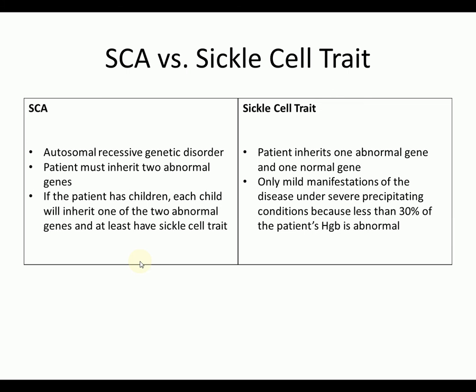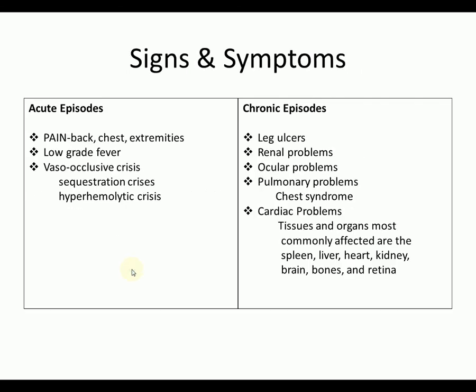With sickle cell trait, the patient inherits 1 abnormal gene and 1 normal gene, and they only have mild manifestations of the disease under severe precipitating conditions, because less than 30% of that patient's hemoglobin is hemoglobin S.